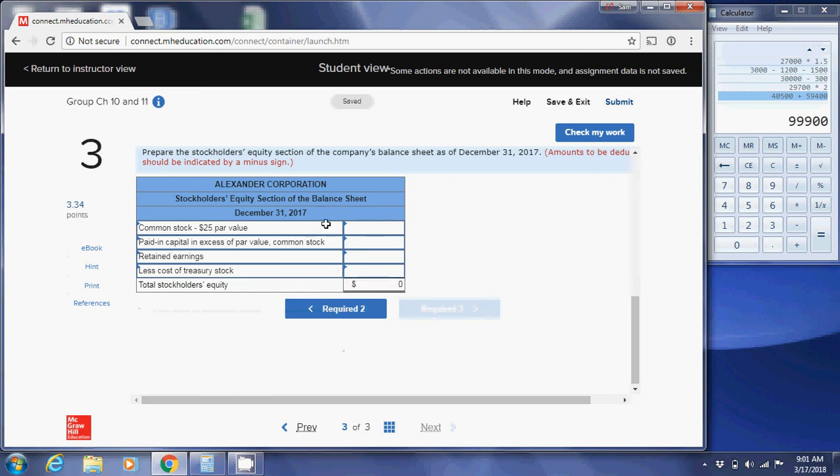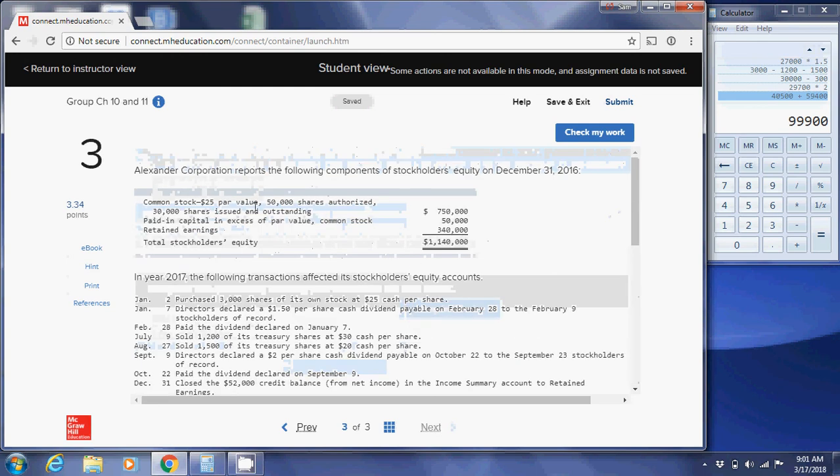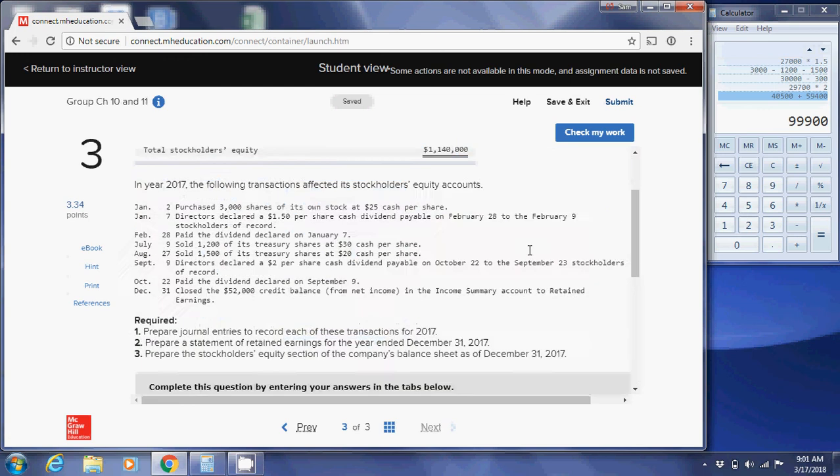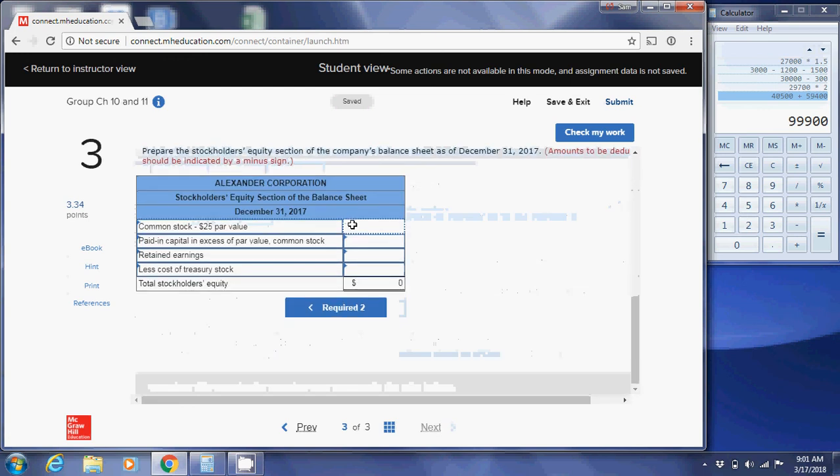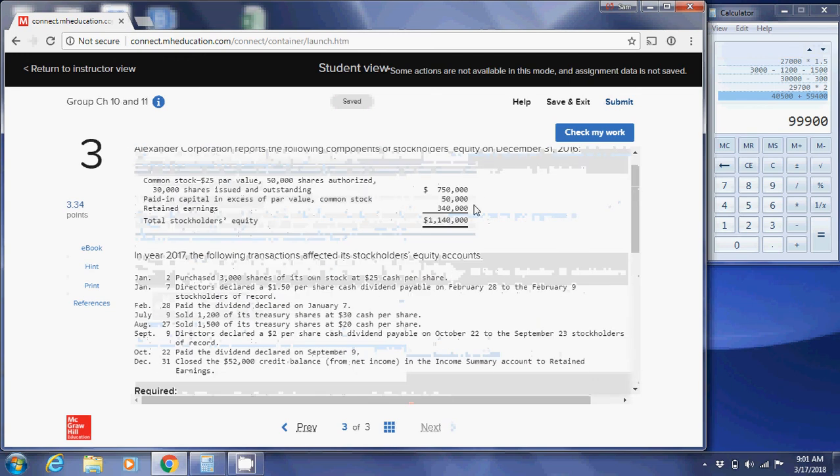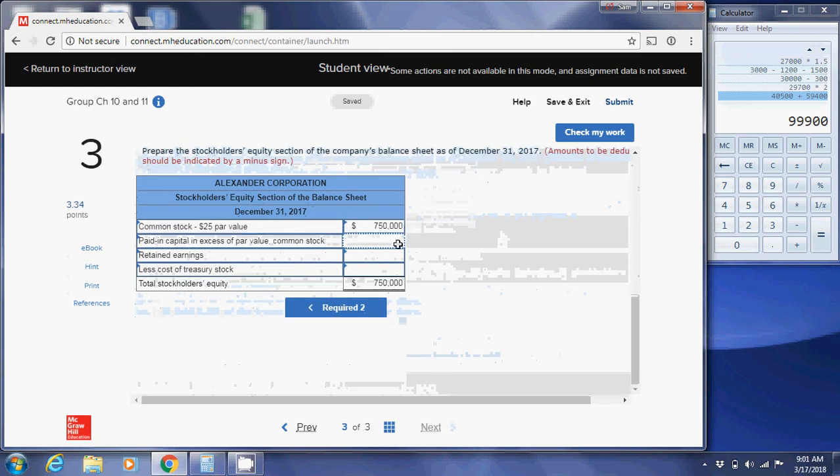So common stock, $25 par value. This should not change. We haven't issued any new shares of stock. We're still dealing with the original 30,000 shares issued and outstanding, so that's 750,000. Do we have paid in capital? We didn't change any of that either. There's the 50,000.